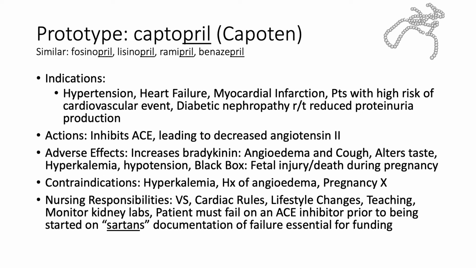For myocardial infarction patients, someone who's had a heart attack, these are beneficial drugs to again reduce blood pressure and reduce cardiac remodeling, and of course for diabetic nephropathy to reduce the progression of renal failure.